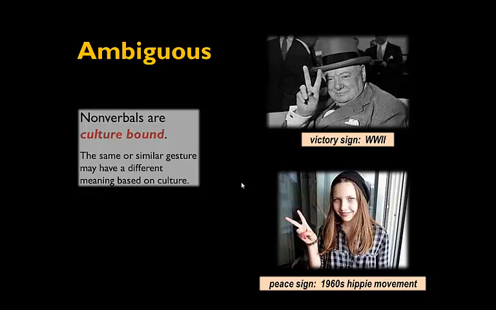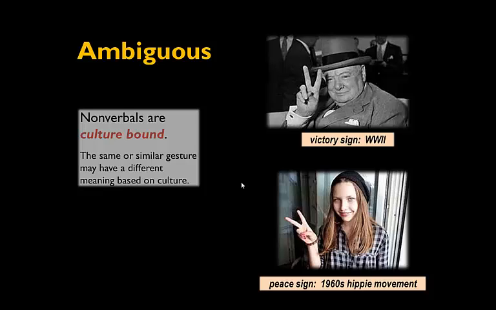Here on this slide, we've got two folks flashing their hands using the same gesture, a V. And that person up there at the top is Winston Churchill. And the meaning that he is intending to send is a victory sign. So using your hand in that way in the context of World War II meant victory.